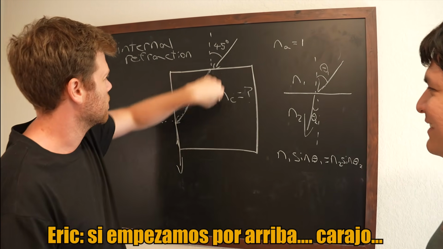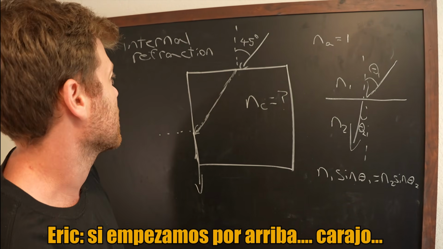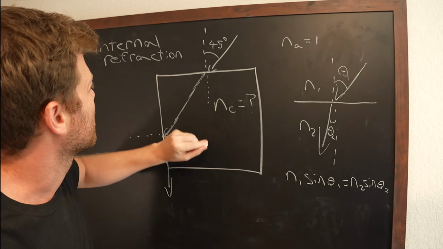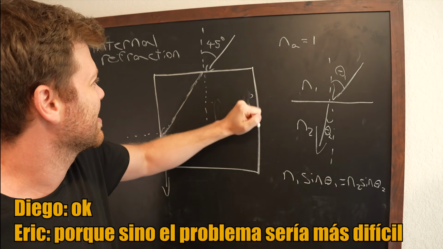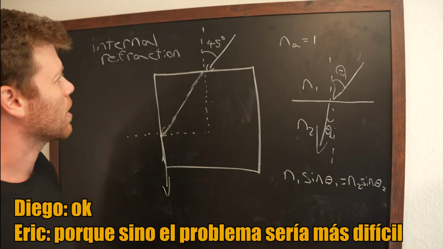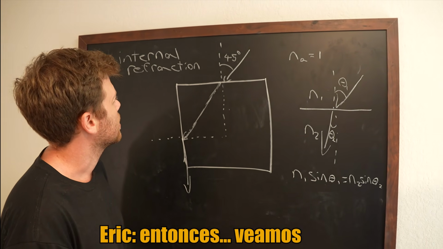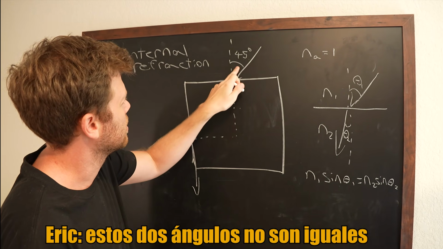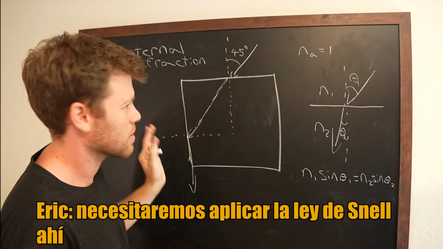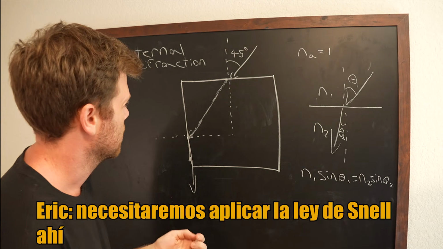So if I look here to start, why don't we just do the geometry first? Let's just get it out of the way. Because I'm gonna have a real hard time otherwise. So let's see here. This is not the same angle as this. That's the whole Snell's law situation.